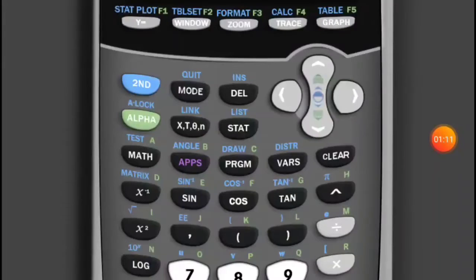Our y minimum is 330,000, and let's have a maximum of 600,000. We're going to graph that. And look, there it is.